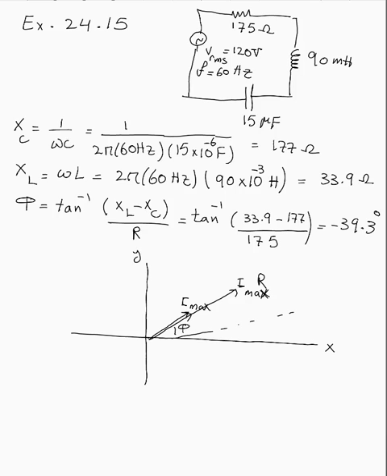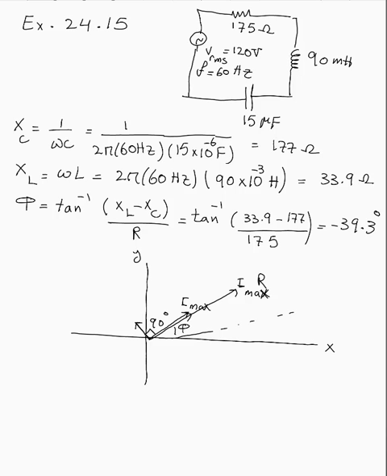I know that the angle between the voltage across the resistor and the voltage across the inductor is 90 degrees, and that the voltage across the inductor always leads the current.